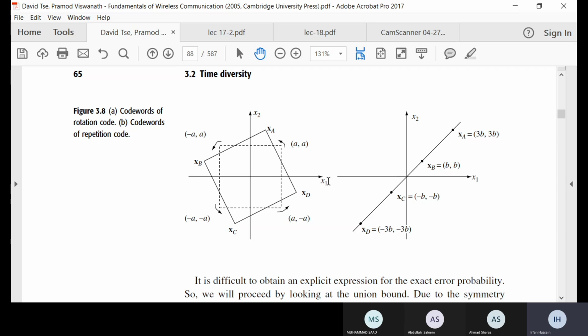So x1 could be plus A or minus A. Similarly, x2 could be plus A or minus A. But these 2 dimensions are at different times. So if you multiply this with the rotation, you will get a transformed value of XA, XB.